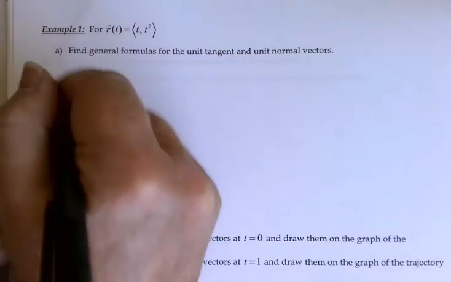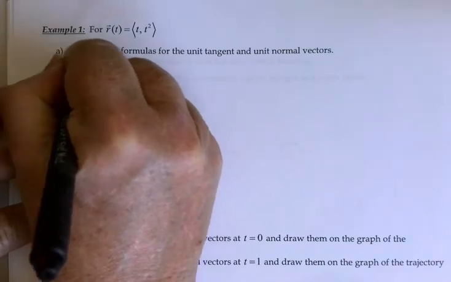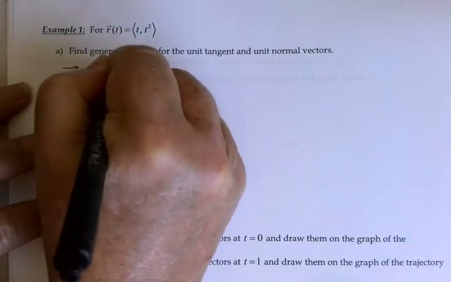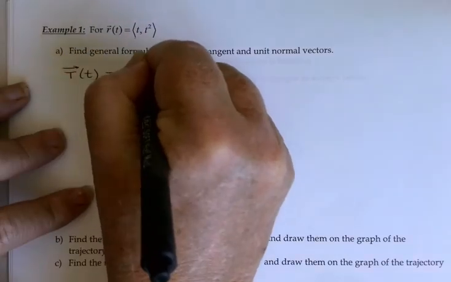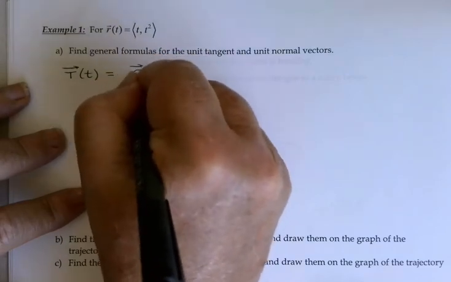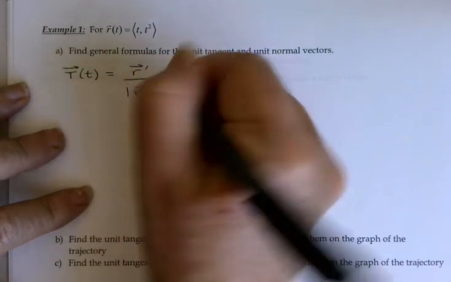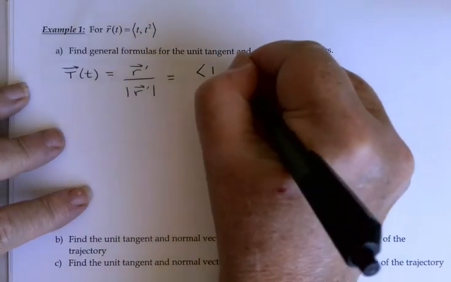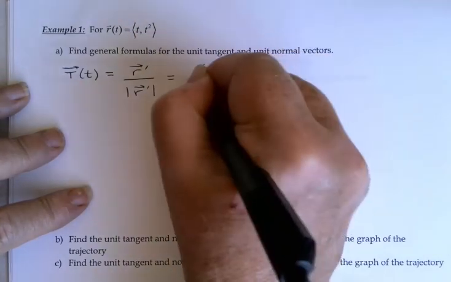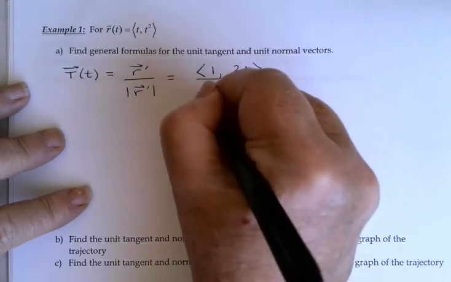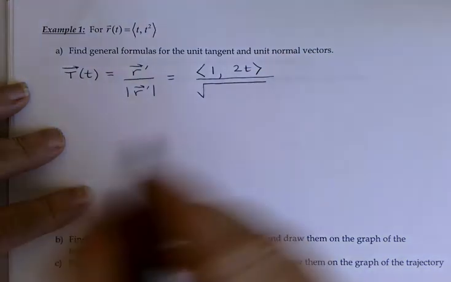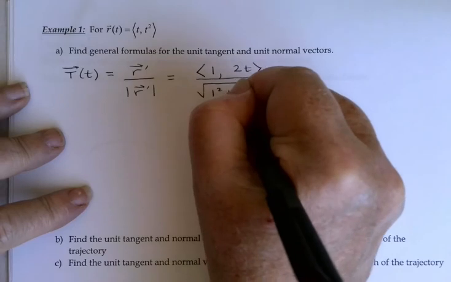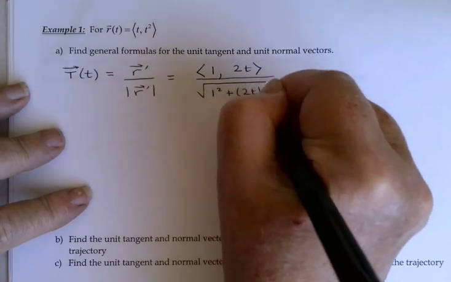Let's go ahead and get the unit tangent vector first. R prime over the magnitude of R prime. So let's see, R prime would be 1 comma 2t, over the magnitude, square root of 1 squared plus 2t squared.